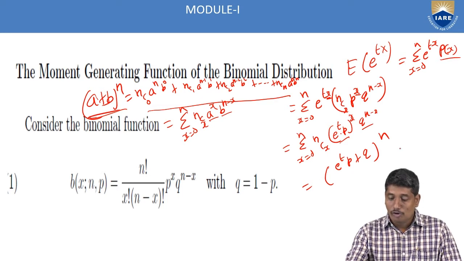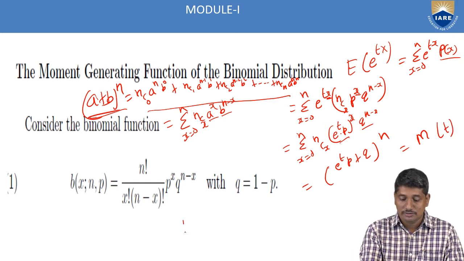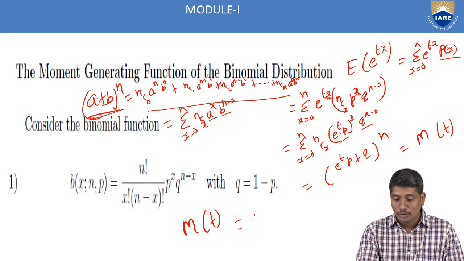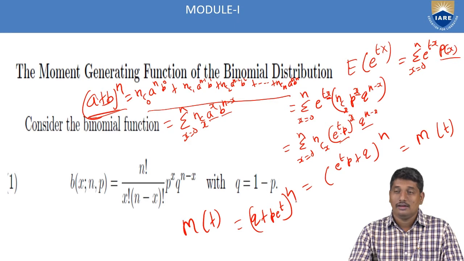So we have obtained the moment generating function of the binomial distribution, which is M(t) = (q + p e^t)^n.